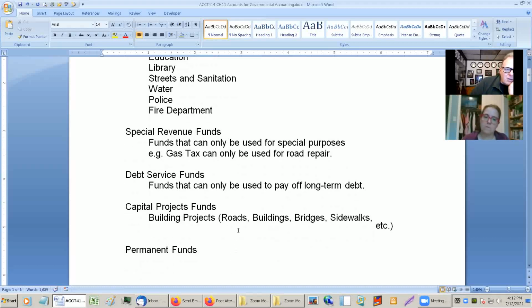And these funds, the project funds themselves can either be specific for a specific task, or sometimes they'll have a capital projects fund, and then they'll just have a listing of the number of projects going on.